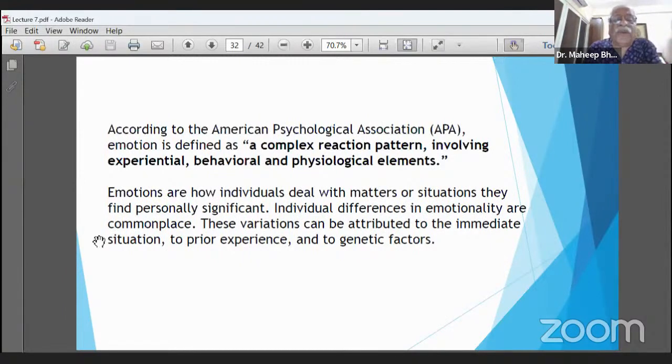According to the American Psychological Association, emotion can also be defined as a complex reaction pattern involving experiential, behavioral, and physiological elements. I will explain it a little further. Emotions are how individuals deal with matters or situations they find personally significant.